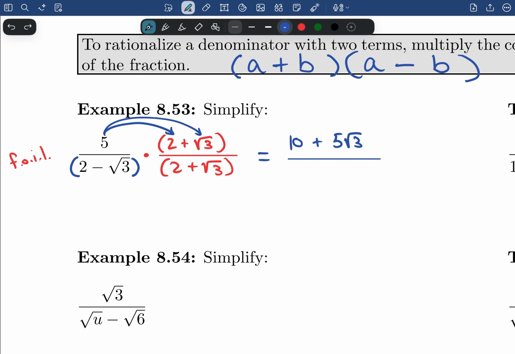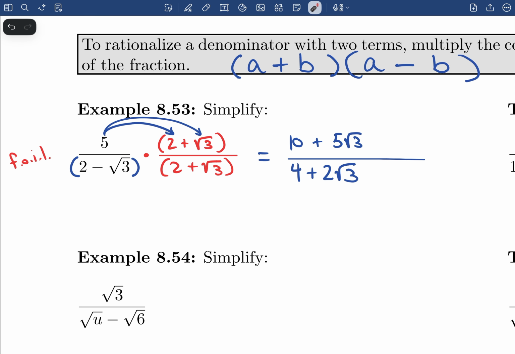Let me do it in blue. All right. Now, outer terms, 2 times the square root of 3. They're both positive, so I get a plus 2 root 3. Okay, moving on. The inner terms, we're going to multiply them together now. Negative root 3 times 2, that's a minus 2 root 3.